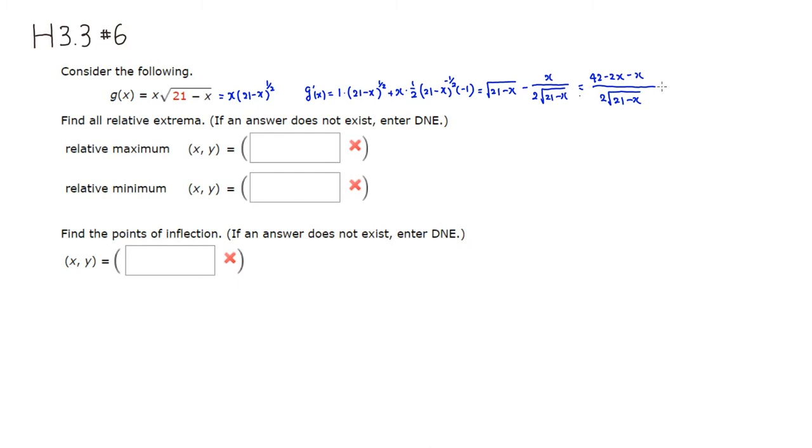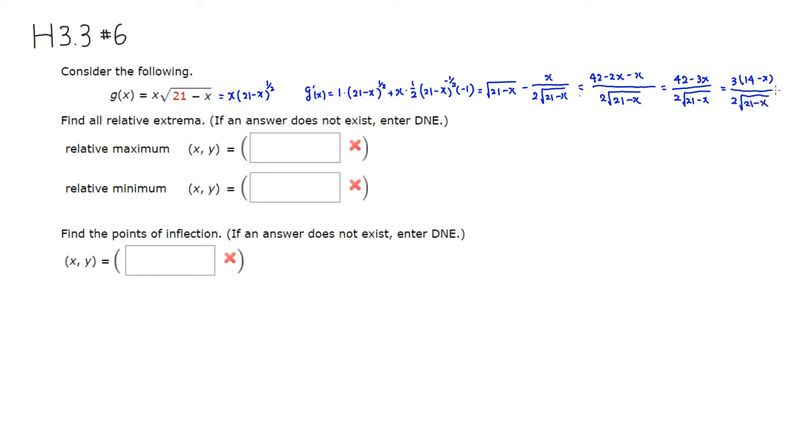So this is going to be 42 minus 3x over 2 square root of 21 minus x. Then you can pull out 3, so it's 3 times 14 minus x over 2 square root of 21 minus x.